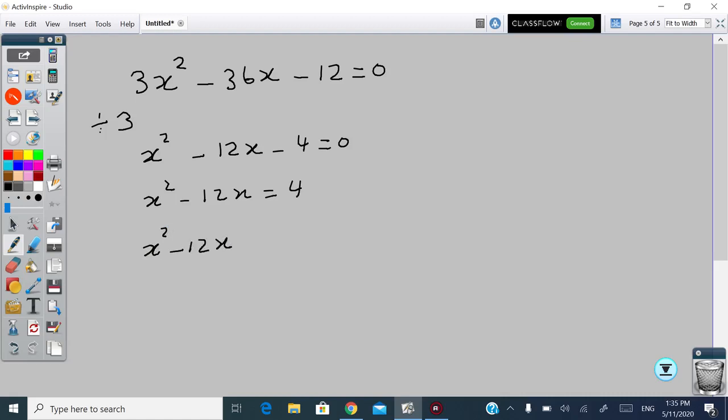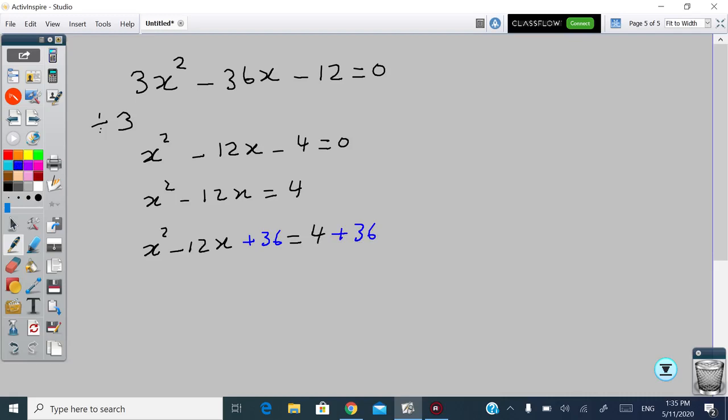Negative 12 divided by 2 is negative 6. Square it is positive 36. So we have to add 36. And on the left hand side again we add the same 36.